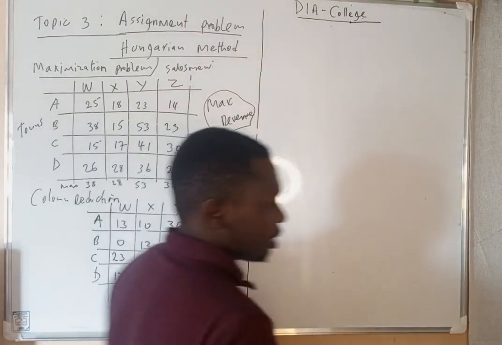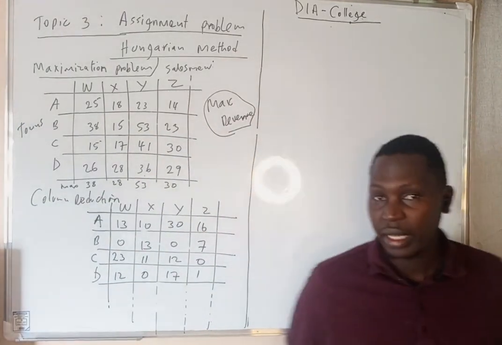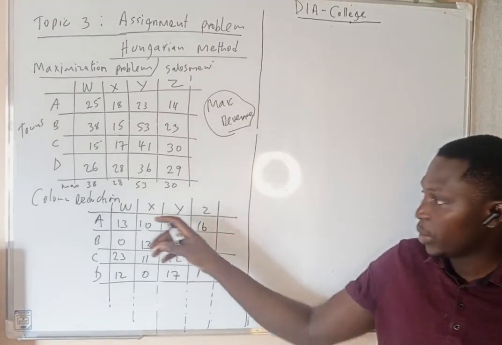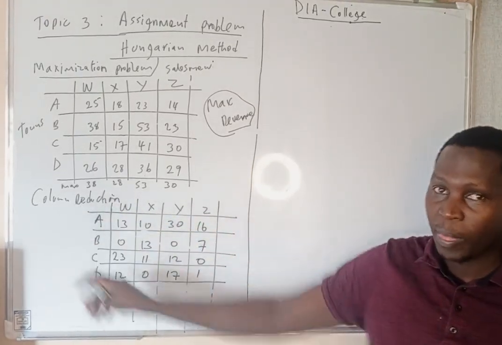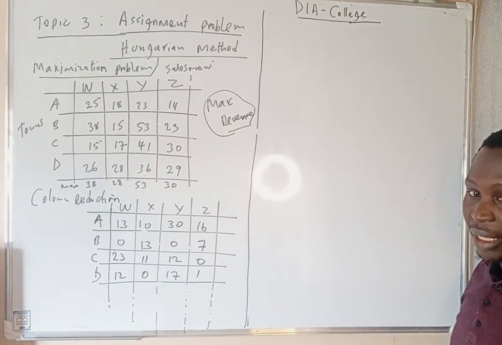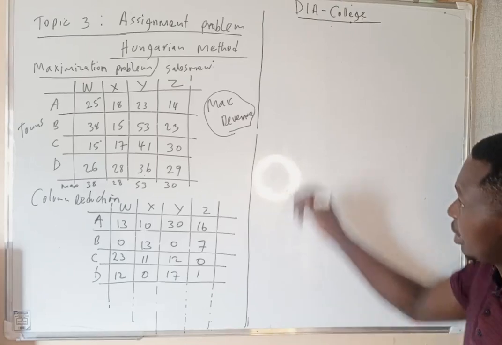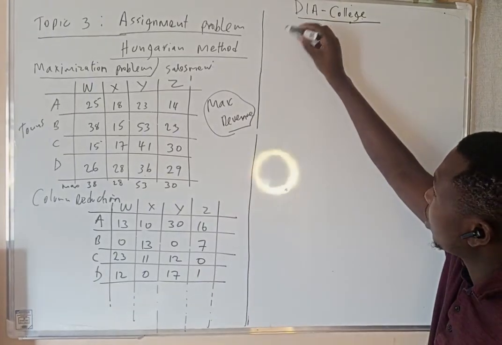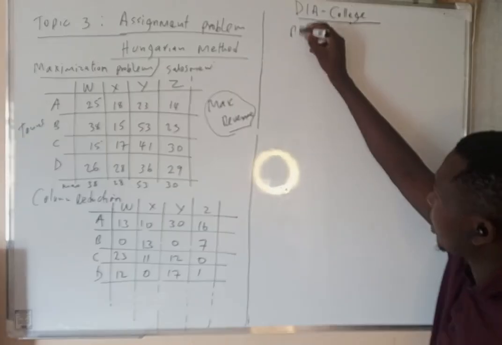You've noted that this is different from the other one because what changes here is that we are using the maximum value to perform column reduction. The other steps will remain unchanged, like in the first minimization case. So the second step now is to perform row reduction.